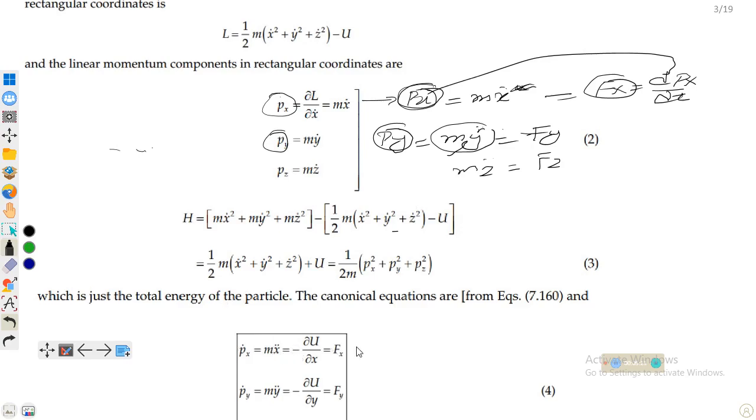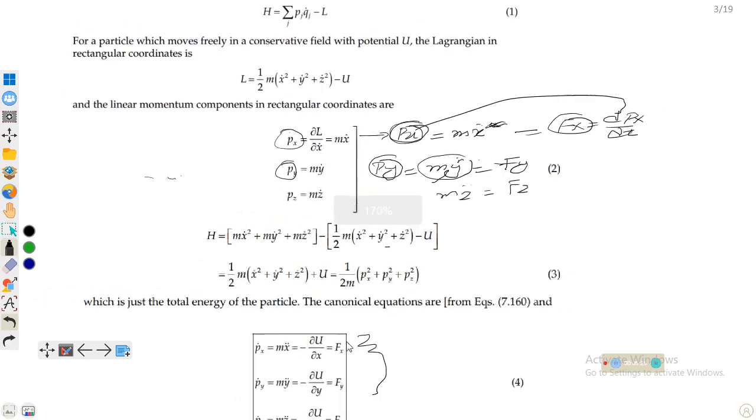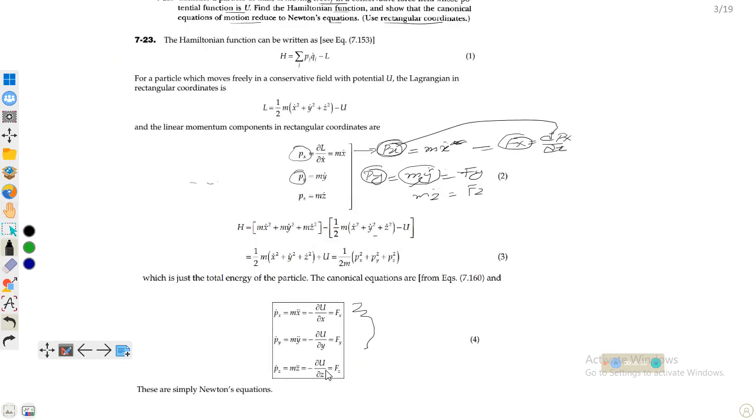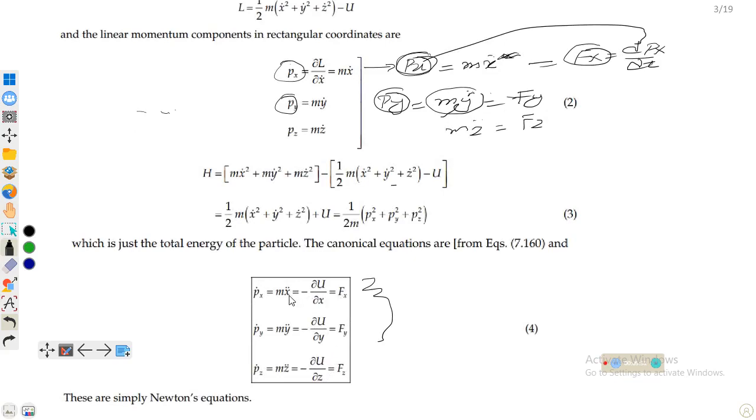So this is nothing but Newton's second law, and this is for all of the components x, y, and z. Fx is equal to m into a, and similarly fy is equal to m into a. This is acceleration. X double dot is acceleration along the x-axis, y double dot is acceleration along the y-axis, and z double dot is acceleration along the z-axis.